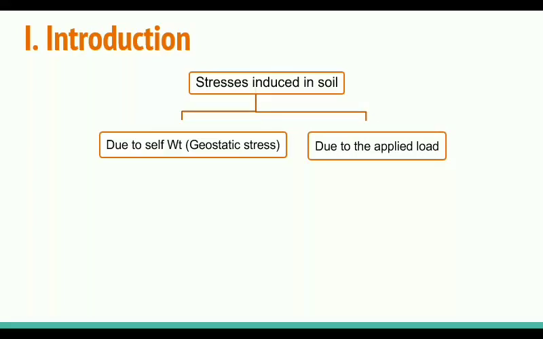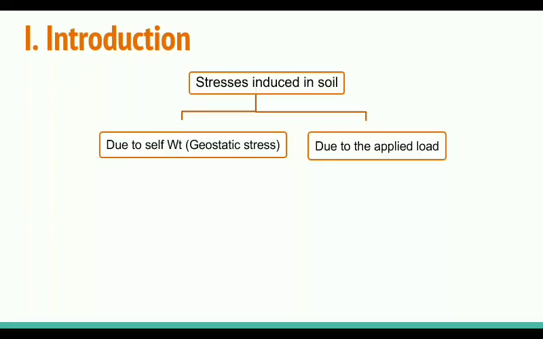The response to applied loads depends upon the stress-strain characteristics of a soil, and this stress-strain curve depends upon various factors such as drainage condition, water content, void ratio, rate of loading, load level, and the stress path. So studying the stress-strain curve is very complex.